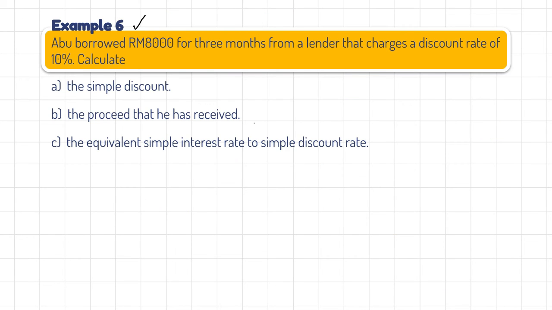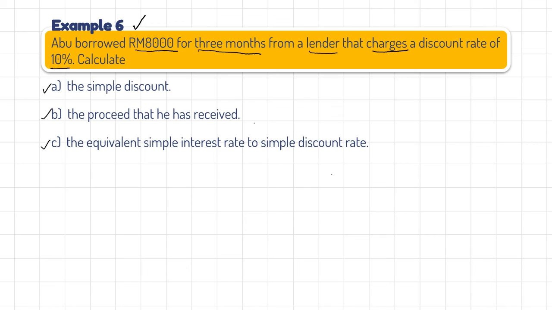Example 6. Abu borrowed 8,000 ringgit for 3 months from a lender that charged a discount rate of 10%. Calculate A, the simple discount, B, the proceeds that he has received, and C, the equivalent simple interest rate to the simple discount rate.